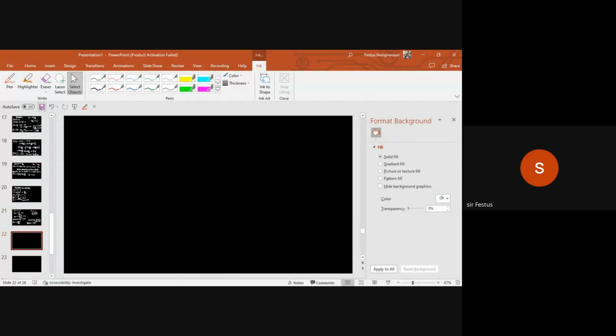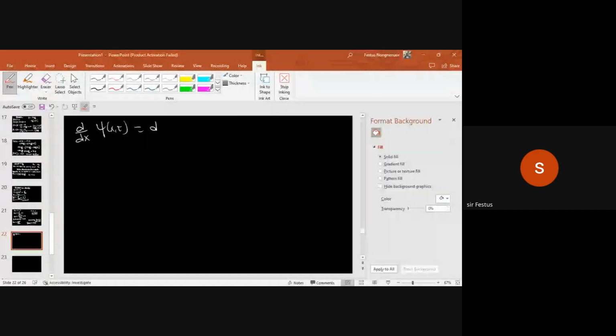So to differentiate my psi, d on dx of psi of x and t, I have A e to the power minus i in bracket kx minus omega t.